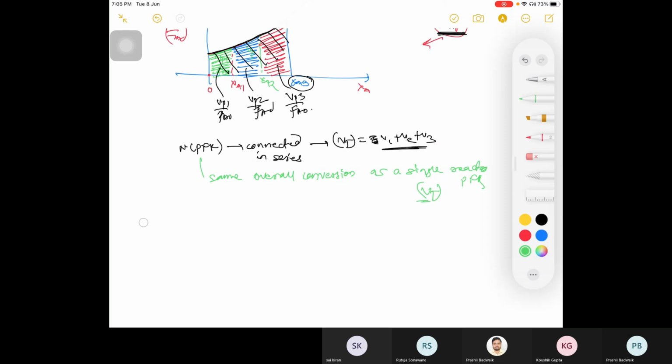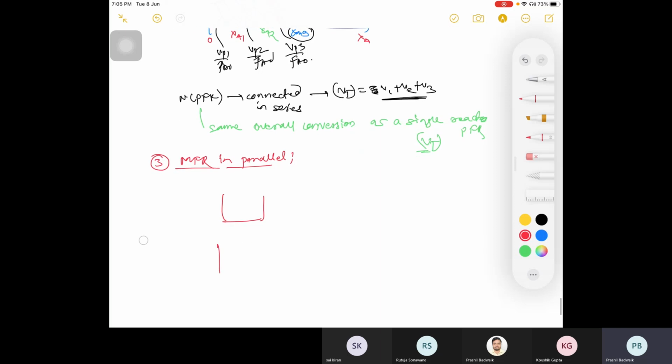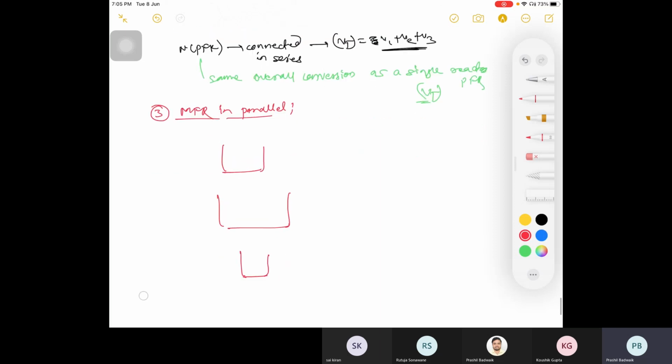Now we'll start with the two topics left here: MFR in parallel. This is your first MFR, this is the bigger one, this is your third one. You have this feed which is breaking into three parts, and the outlets will combine and you will have the final conversion XAF.